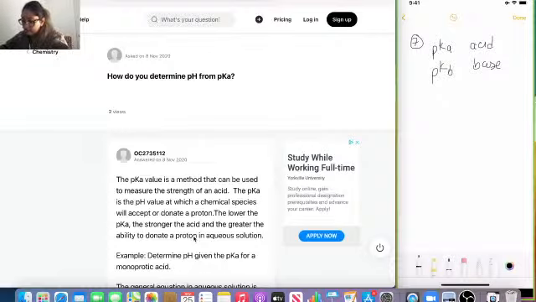And so how we can do this, to find the pKa is the pH of a chemical species that will accept or donate a proton. Okay, so basically the lower pKa means the stronger the acid.